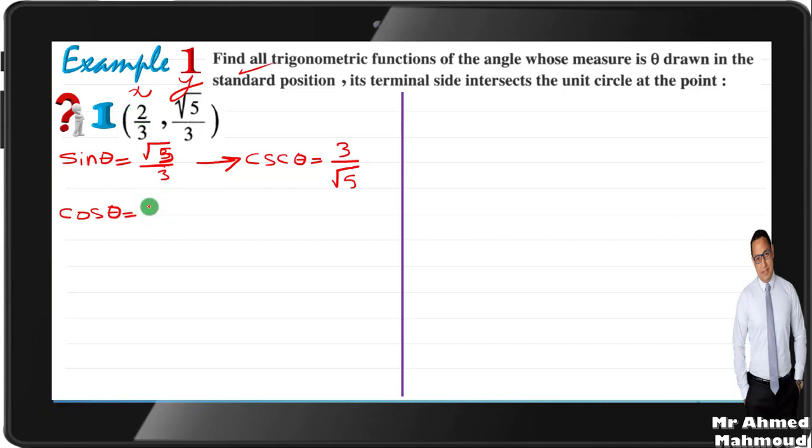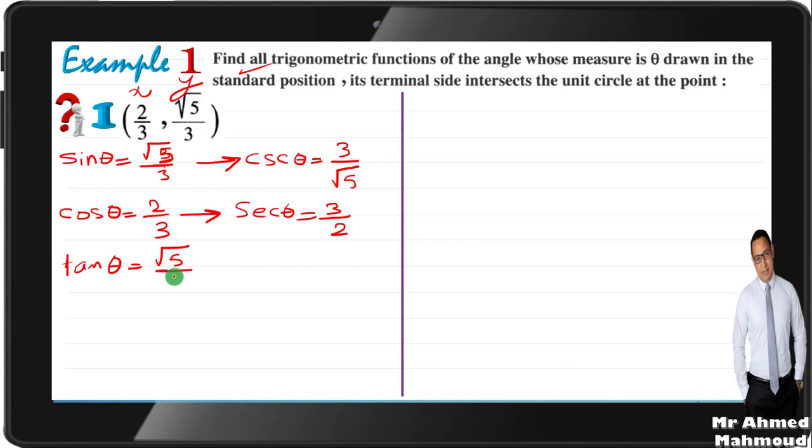X here is 2 over 3. So the opposite to cosine theta is sec theta, which equals, making it upside down, 3 over 2. Finally, tan theta equals y over x, or sine over cosine. It will be root 5 over 3 divided by 2 over 3, which equals root 5 over 2.